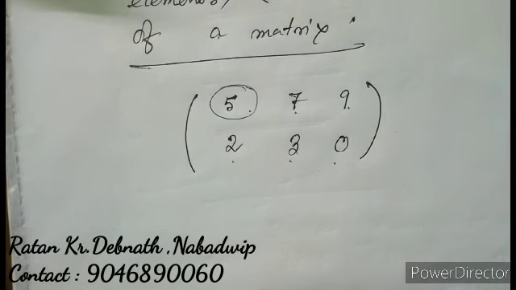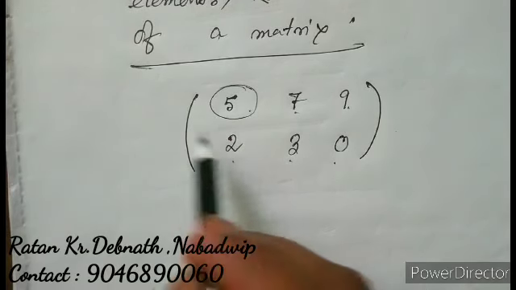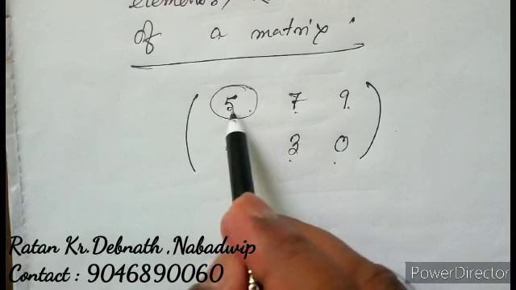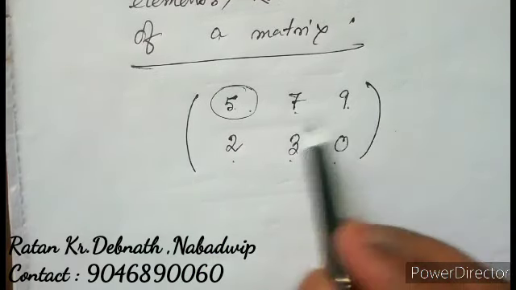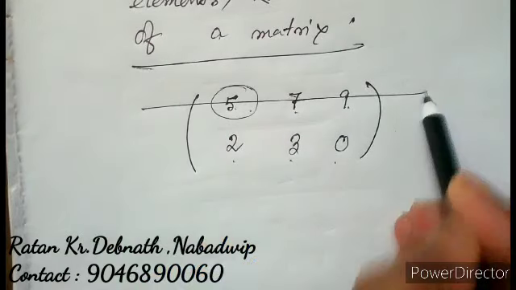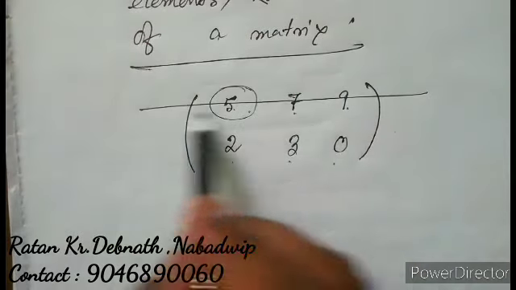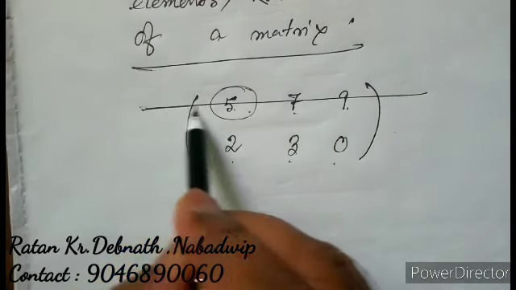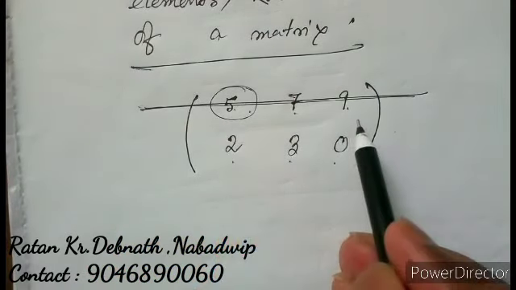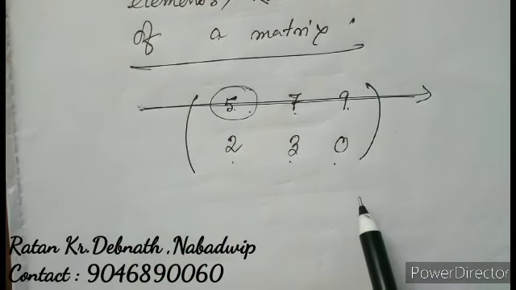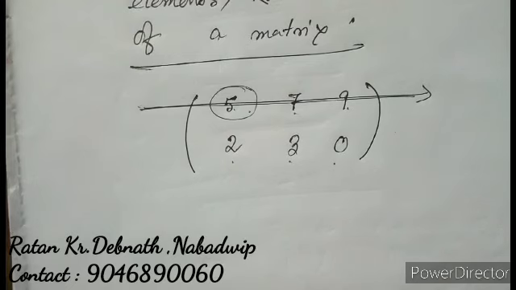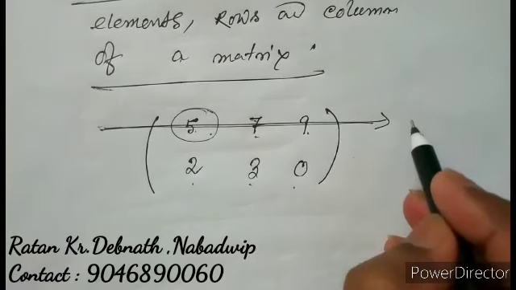Now, what are called rows and what are called columns of a matrix? These elements 5, 7 and 9, if we draw a line through the numbers 5, 7, 9, these numbers together form a row, so we call it a row.